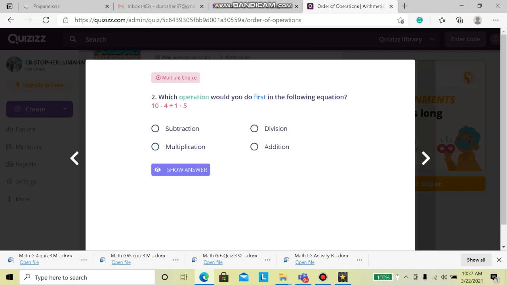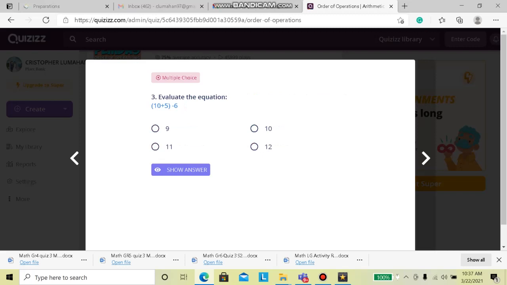Next question. Which operation would you do first in the following equation? 10 minus 4 divided by 1.5 multiplied by 5. Pause the video and solve. Time is up. The answer is division.